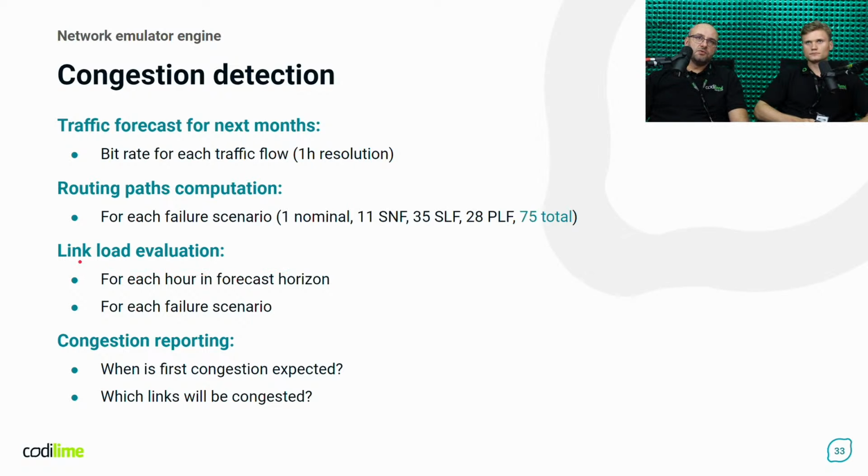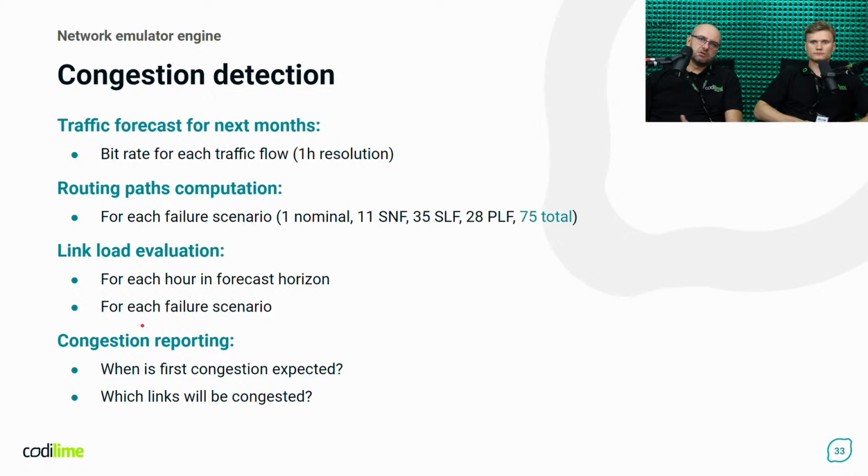And computing the load on the link is straightforward: some summation and multiplication of the routing paths and the coefficient that I presented before, times the predicted traffic for each end-to-end traffic flow, allows us to compute the traffic expected on each link for each hour in the forecasting horizon and for each potential failure scenario.